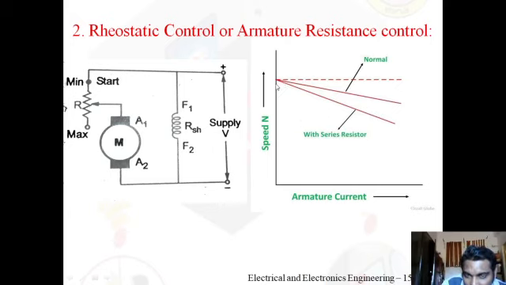Therefore this difference will come into the picture. As the load on the motor is varied, the armature current increases, and as the armature current increases, the speed of the motor gradually decreases. This one we have seen from the speed current characteristics; there is no problem with this decrease in the graph. But here we have to concentrate on why we get a large variation of speed, why the regulation is increasing, why the difference is increasing.